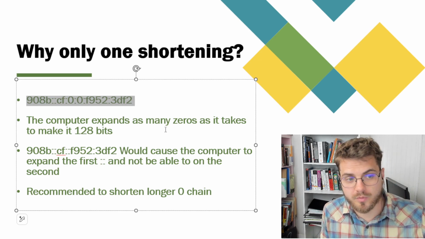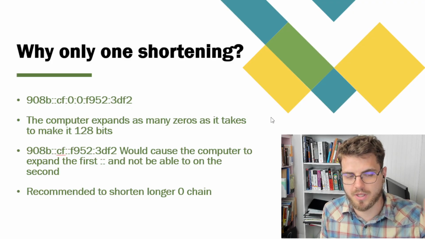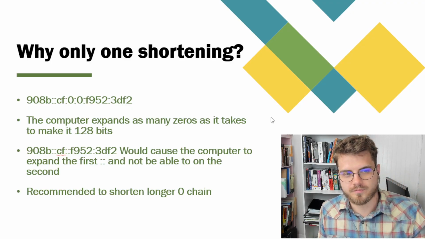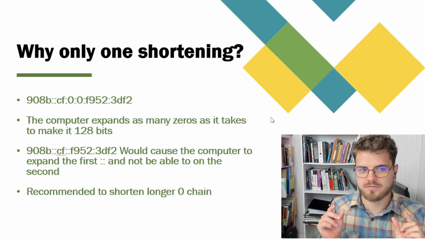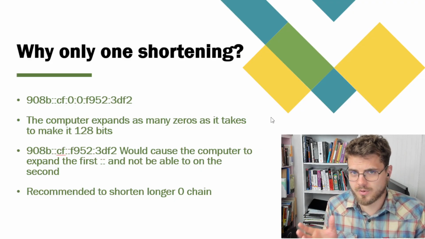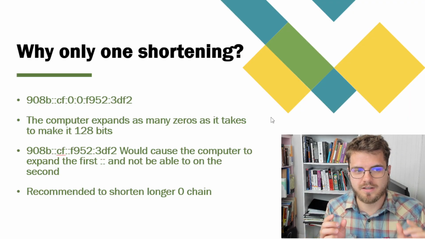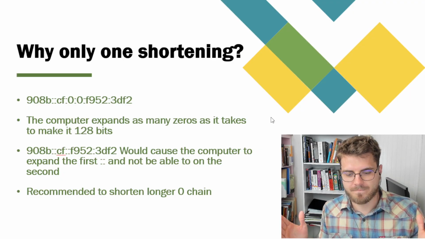Now the computer, when it reads this, is going to expand that into 128 bits. So if you have two that are shortened, it's going to expand. I don't know if it'd be doing the first one or second, but when the computer reads it, it'll expand as many zeros as needed to make it 128 bits.